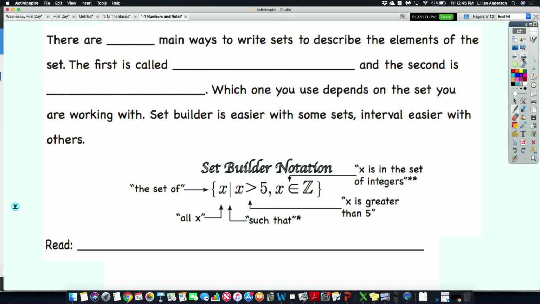There are two main ways to write sets to describe the elements of a set. They are called set builder notation and interval notation.